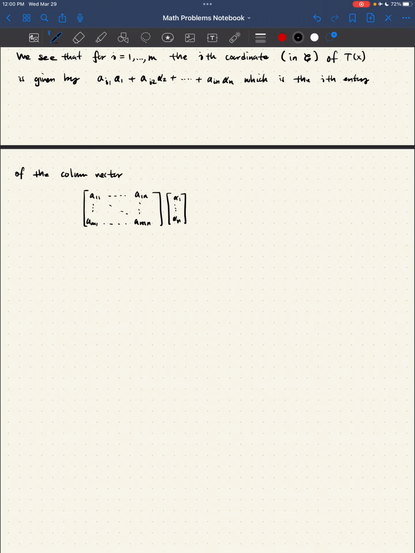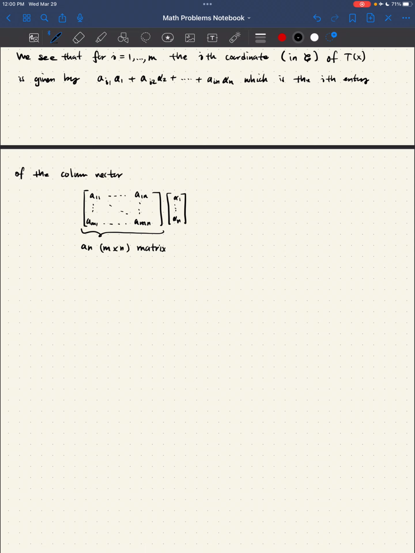And I think with this we're done, because what we have here is an m by n matrix that allows us to apply T as a matrix product, as if this matrix transforms the coordinates in B into coordinates in C, incorporating the linear transformation.